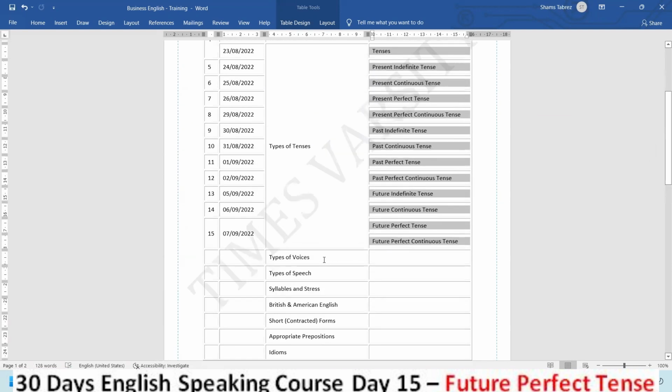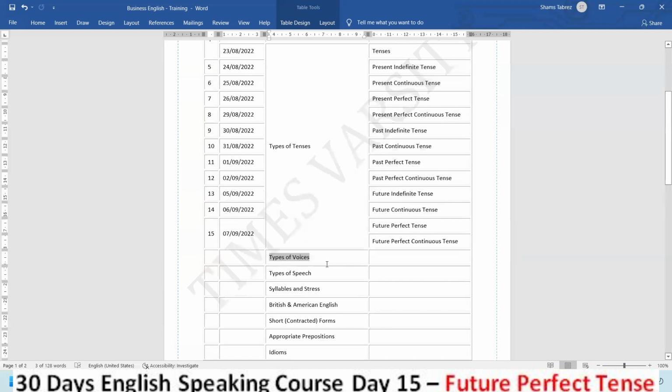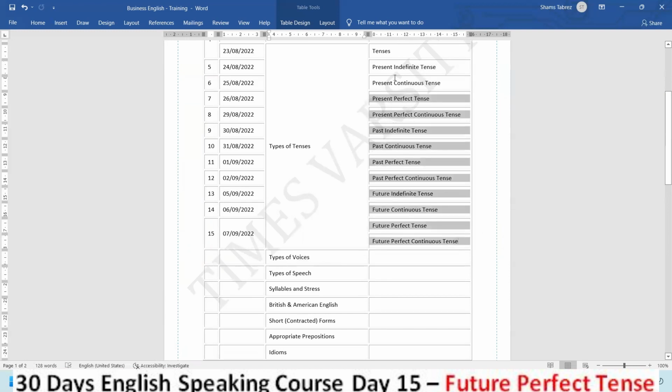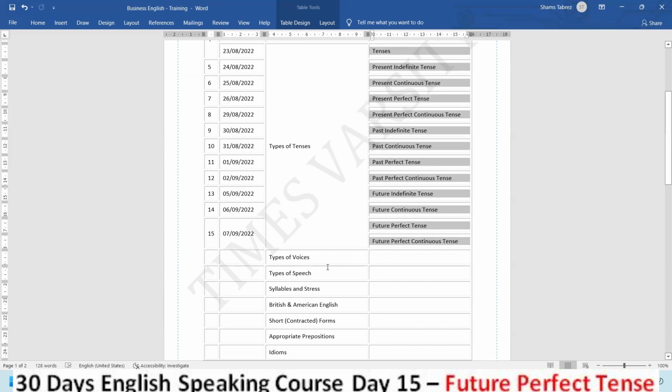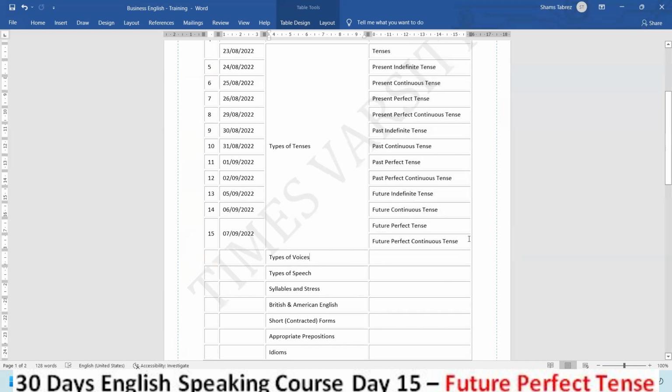And in types of voices, we will discuss different types of voices like active voice and passive voice. Here we discuss how to make sentences in active voice. If you would like to make sentences in passive voice, what are the rules? All that we will be discussing in types of voices.